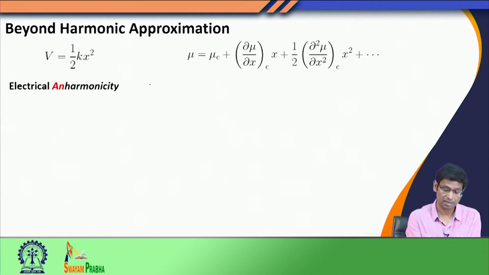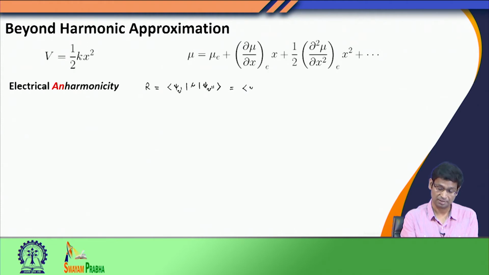If you recall our discussion from the last class, we defined the transition dipole moment integral as something like psi v prime mu psi v double prime, which was given by, since mu e is a constant, the first term becomes 0. We discussed that in the last class.